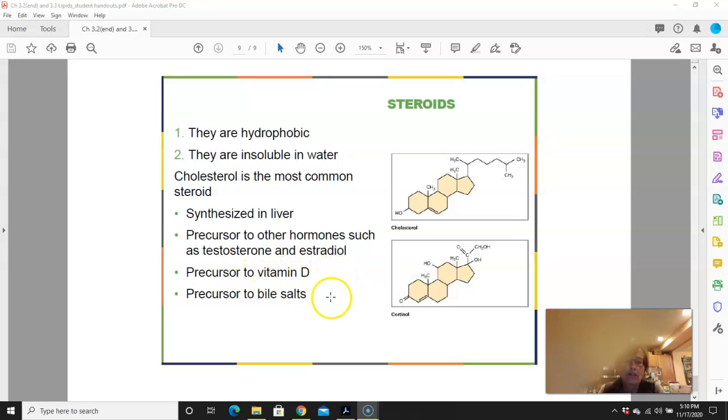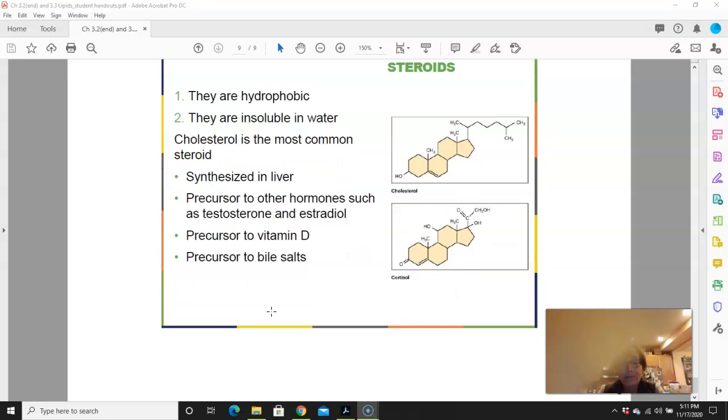They're the precursors to vitamin D and to bile salts. Bile, if you're not familiar with bile, you have a gallbladder. That's where bile is produced, and it's sent into your digestive tract to help break down fats. And that's the end.